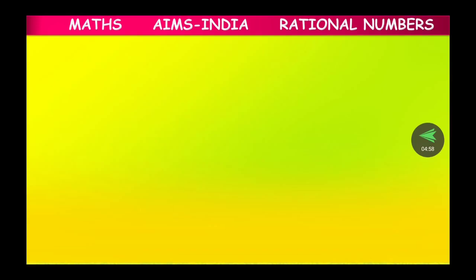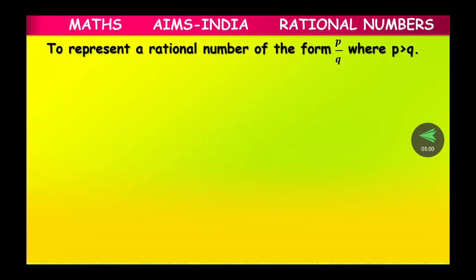Okay. So next, suppose you want to represent a rational number of form p by q, where p is greater than q. If the numerator value is greater than q, then its value is greater than 1. In that case, how to represent rational numbers on the number line?